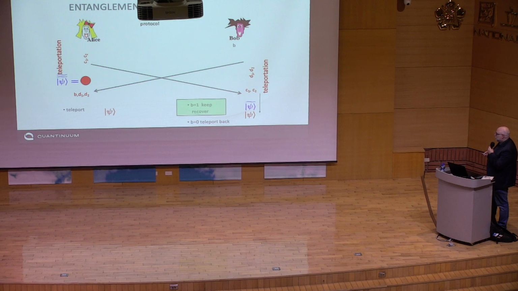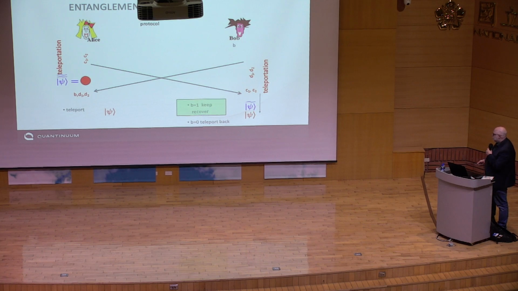And now notice that if B is 1, remember that Bob kept his half of the EPR pair. He didn't teleport it back. And so from C1 and C2, he can recover psi, as you see here. So from C1 and C2, Bob can change psi tilde to psi.